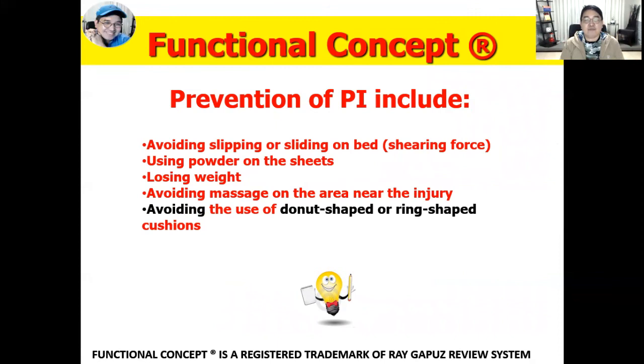And then, of course, avoid massaging the area near the injury, especially if that's already stage 3, you don't massage it. Then avoid the use of donut shape or ring shaped cushions because it would exert pressure on the surrounding tissues. Okay, so even if you are protecting the area of injury, the surrounding tissues could be hard pressed when you're using a donut shape or ring shaped cushion, especially when you have a wheelchaired patient.